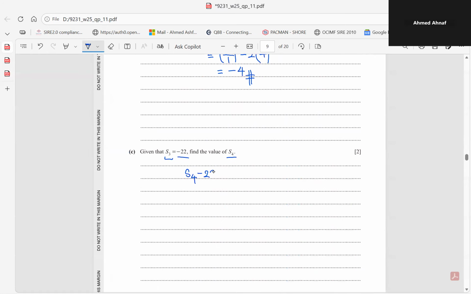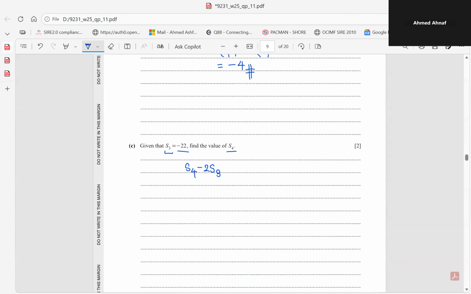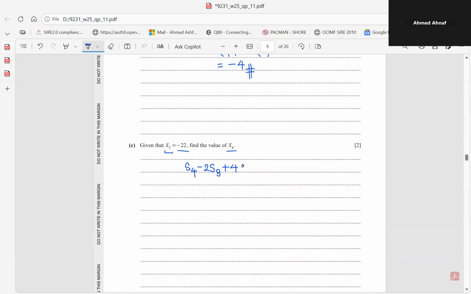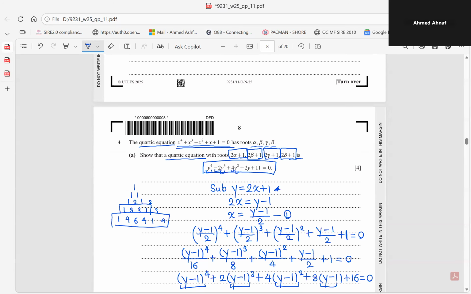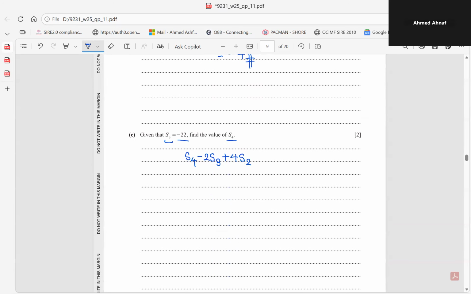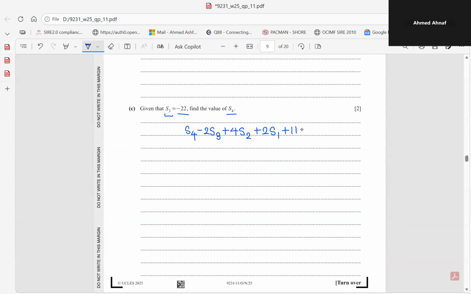So minus 2 S3 plus 4y squared, so plus 4 S2, plus 2y to S1, which is just the sum of the roots. And finally, plus 11 for, so for 11, it's just 11 S0 equals to 0. So S4 minus 2 S3, minus 2 times negative 22, plus 4 S2.